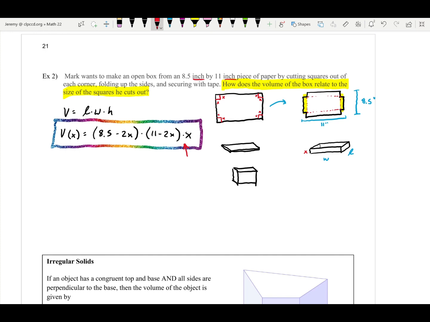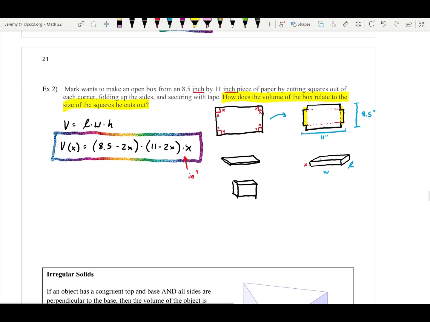This is going to come in the form of units cubed, and since the 8.5 and 11 were inches, this is going to be inches cubed. All right, that's it for example 2.